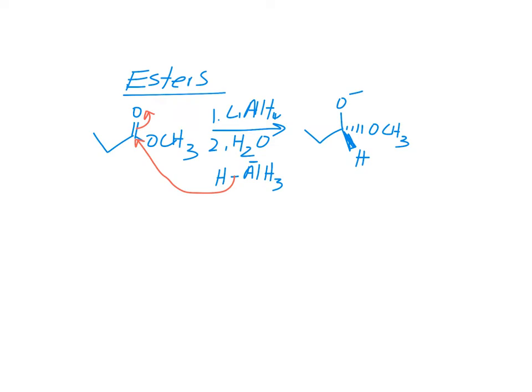Now, methoxide isn't a great leaving group, but we have a very strong nucleophile, the hydride, and so it's a good enough leaving group in this case. So this goes back down, just like we saw for the chloride, and we lose this methoxy group.